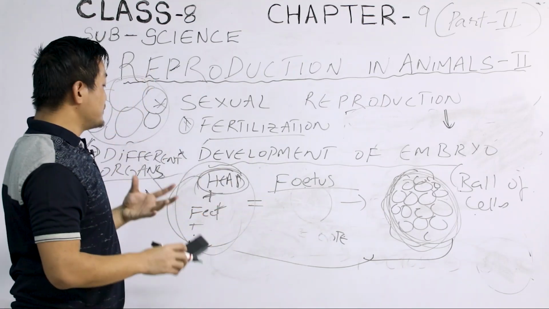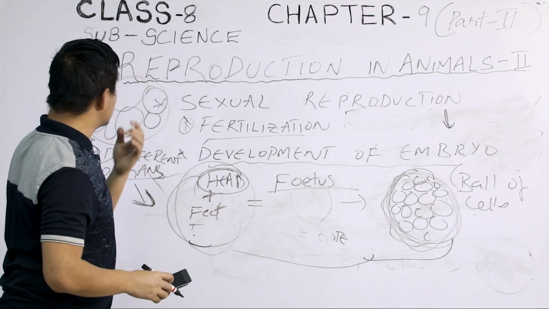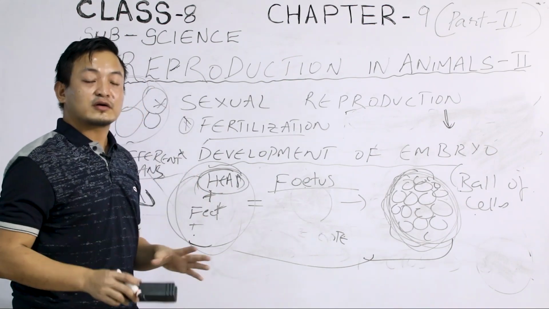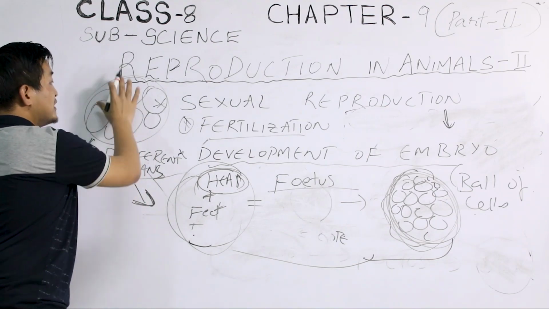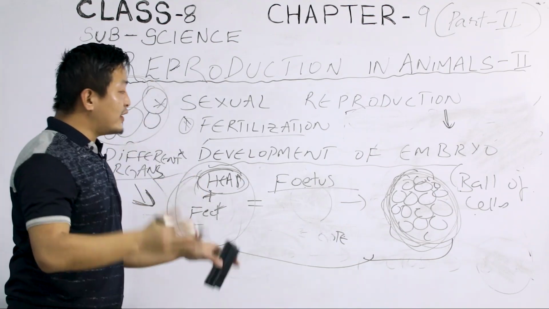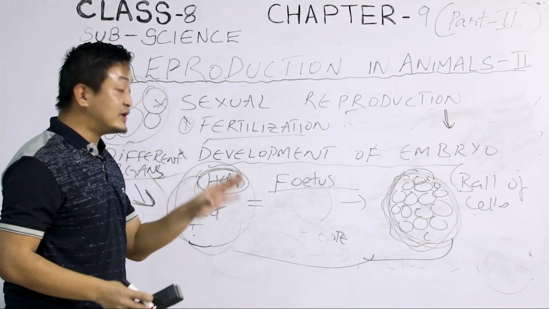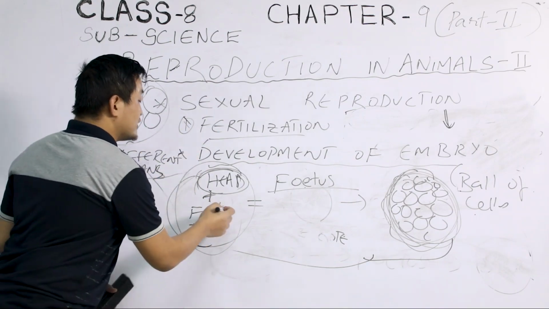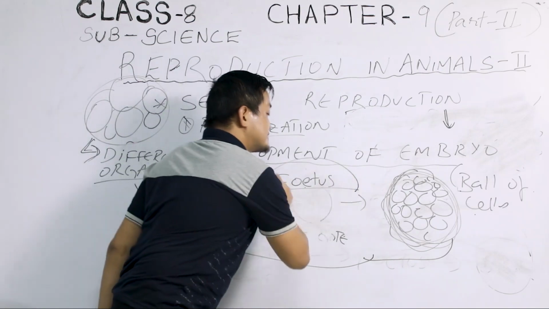From different tissues, they develop into different organs. Because we have all different organs in the human body, right? So everything will develop. And when we see the complete development of all the body parts, then we call it a fetus.